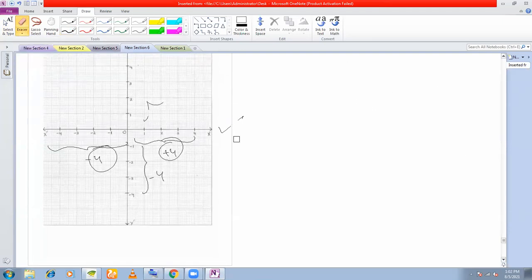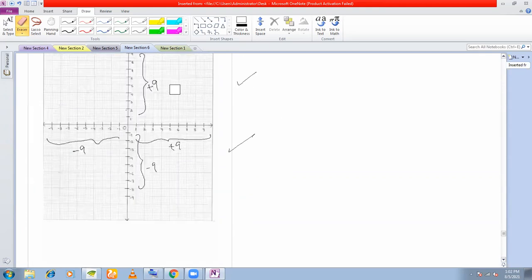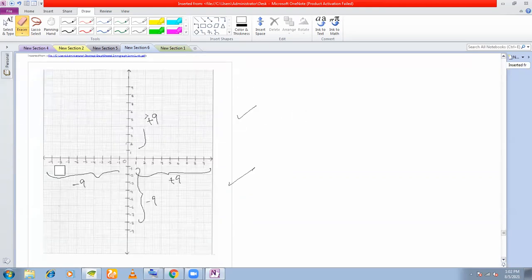So have your graph papers ready and also draw the scale. Right from 1 to 9.